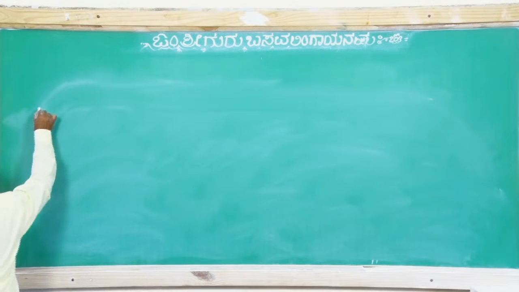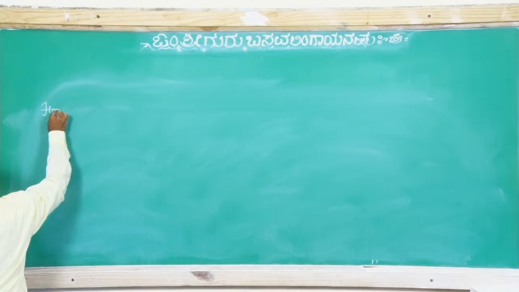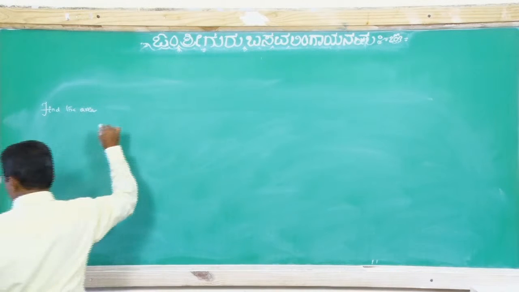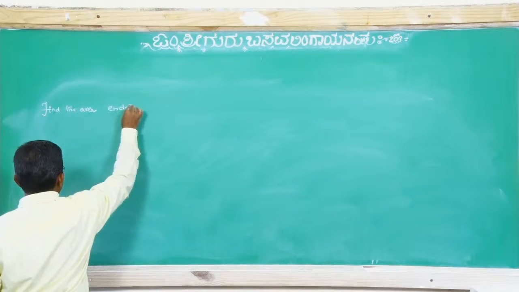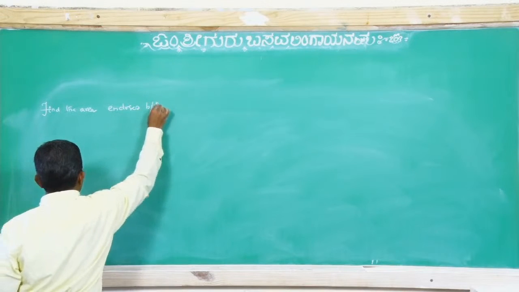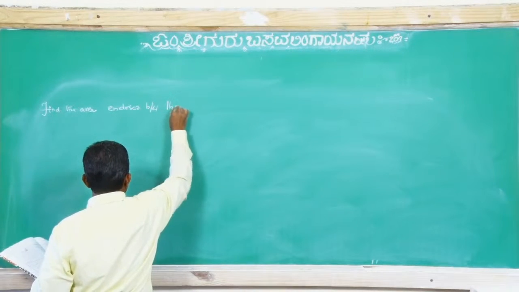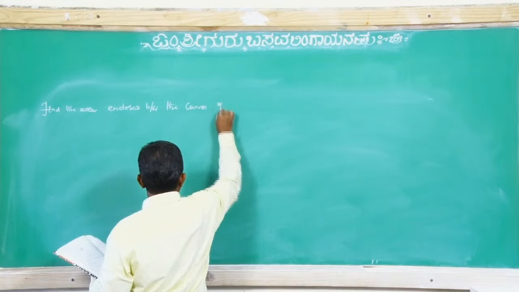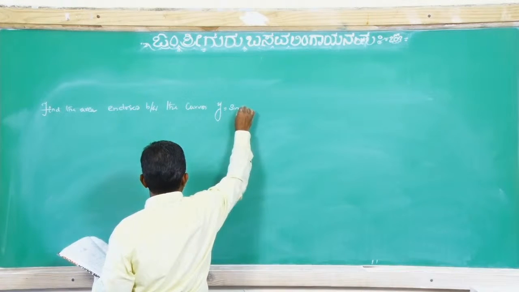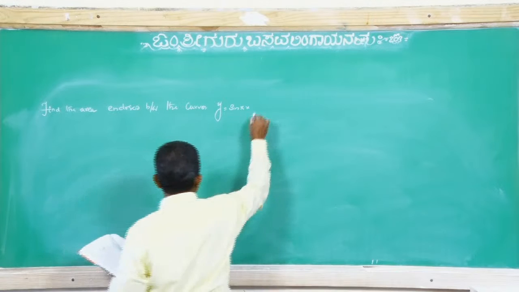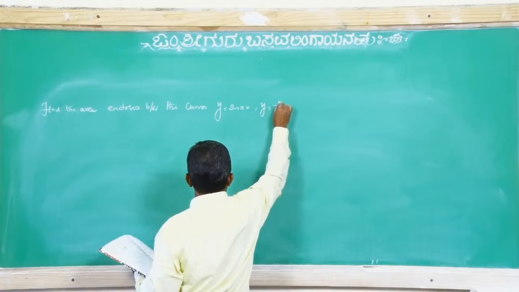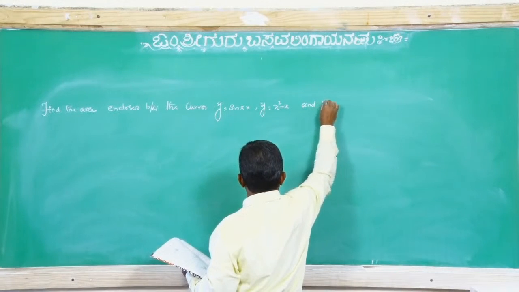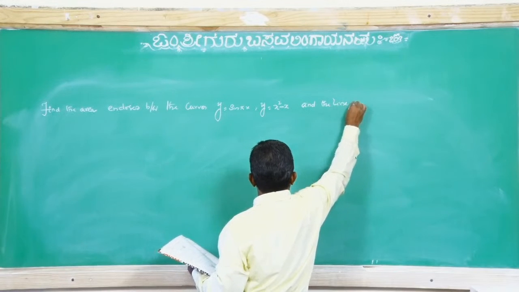Find the area enclosed between the curves y is equal to sin pi x and y is equal to x square minus x, and the lines x is equal to 0 and x is equal to 2.